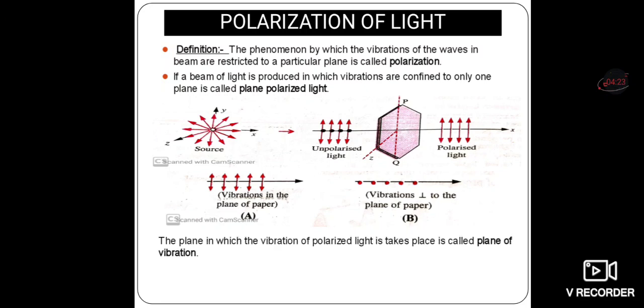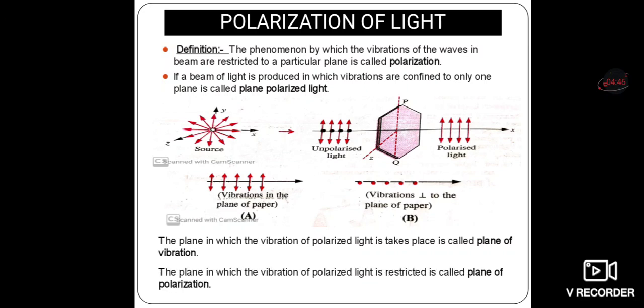Next we will discuss the plane in which the vibration of polarized light takes place, which is called the plane of vibration. So in what plane it is, either the perpendicular plane or the parallel plane, in which the vibration of the polarized light takes place, is called the plane of vibration.